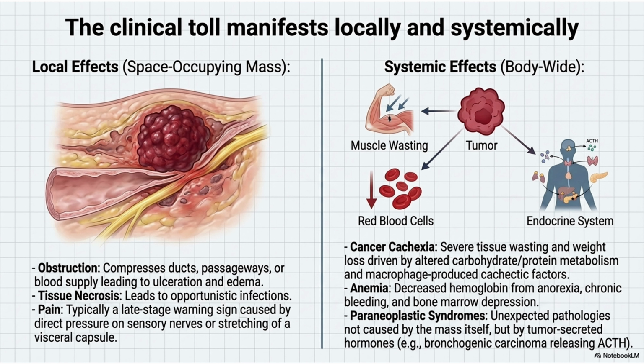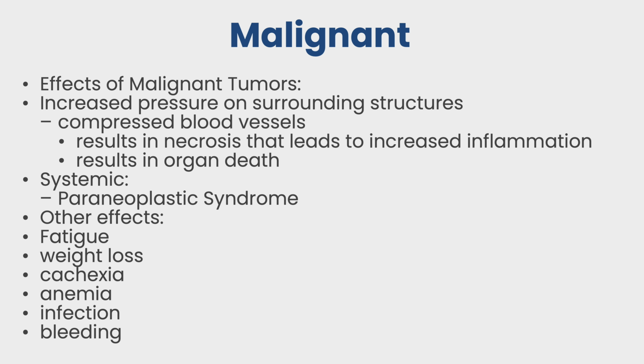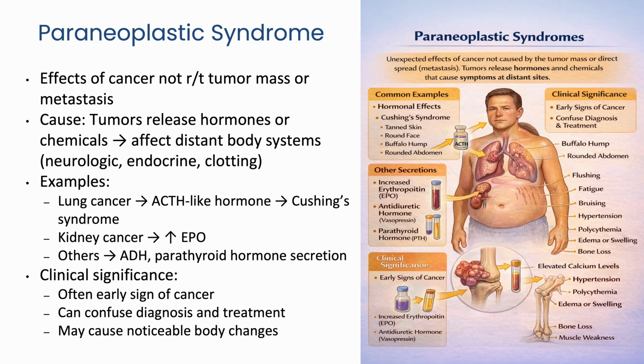Some cancers even cause paraneoplastic syndrome, where tumors secrete hormones like ACTH, triggering unexpected pathologies. Malignant tumors increase the pressure on the surrounding tissues and blood vessels, causing inflammation, necrosis, and organ dysfunction. Patients often experience fatigue, weight loss, infection risk, and bleeding.